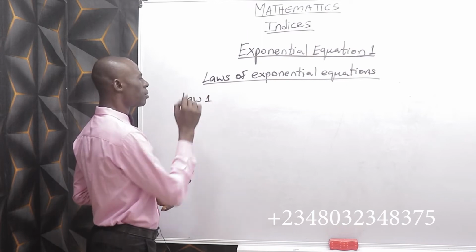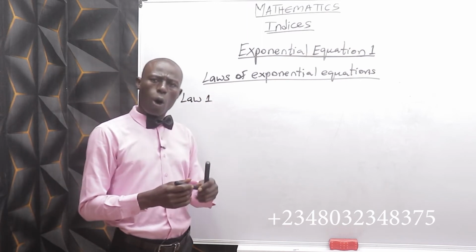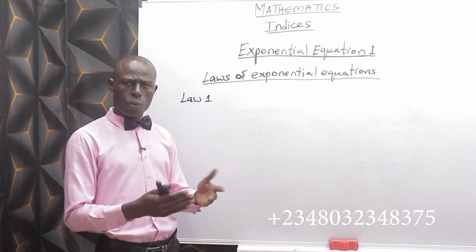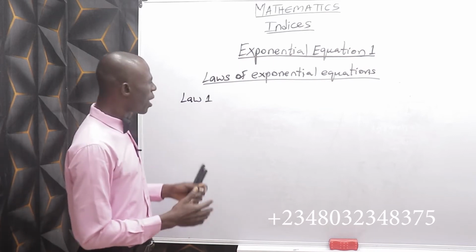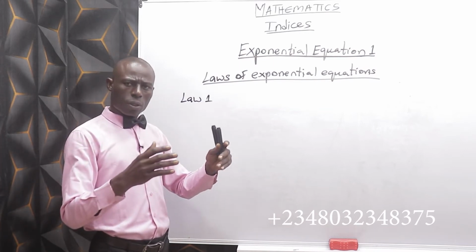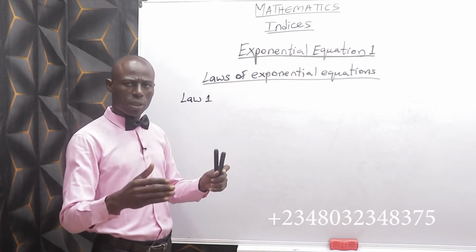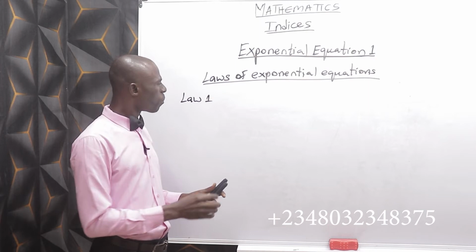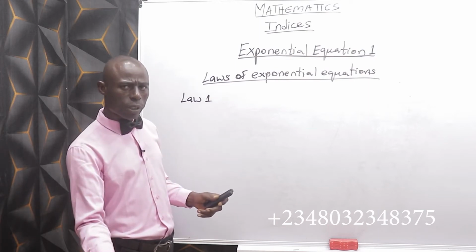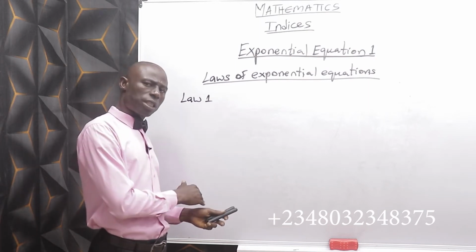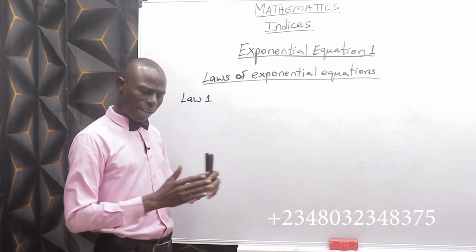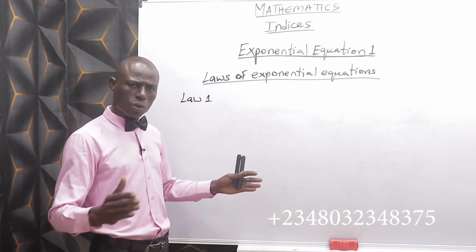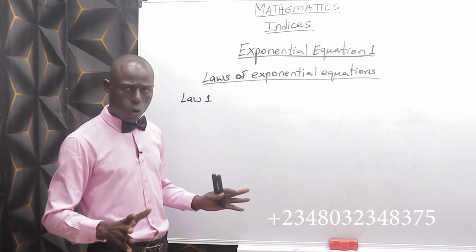Law 1 is the law of common base in equation. That when we have an indical equation of only two terms, such that one term is on one side of the equation, the other term is on this other side of the equation, and the bases on both sides are equal.